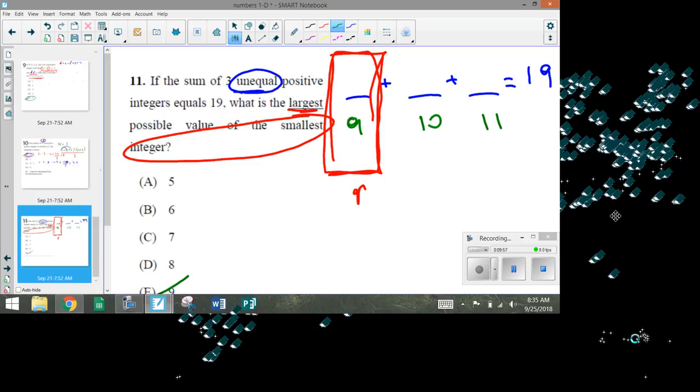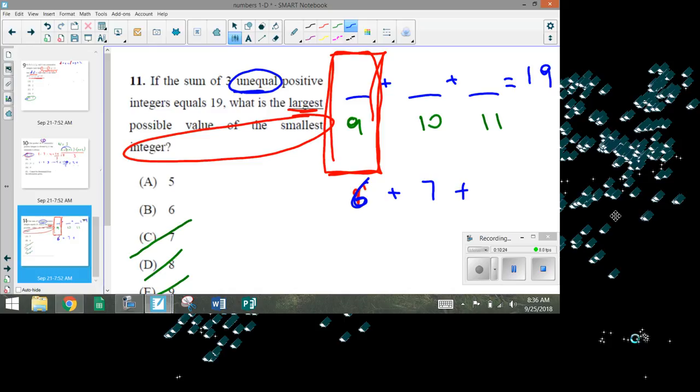Since this is too much, I'm going to skip these because the gap between 30 and 19 is too much. I'll try 6. I may fail, but I'll do this. And let's say 6 is the largest possible value of the smallest number. If this is 6, next one, what can I put here? 7, and then it's going to be 13, right?